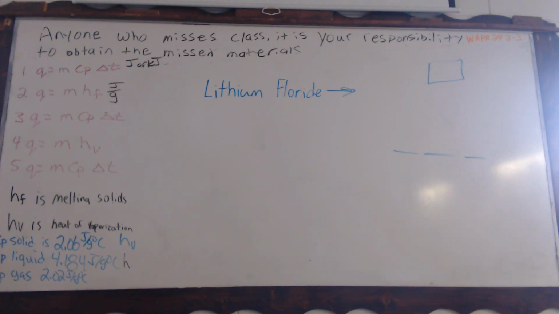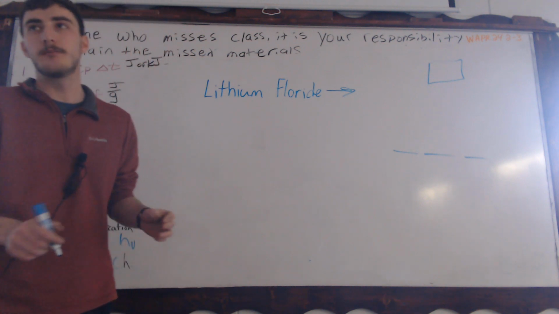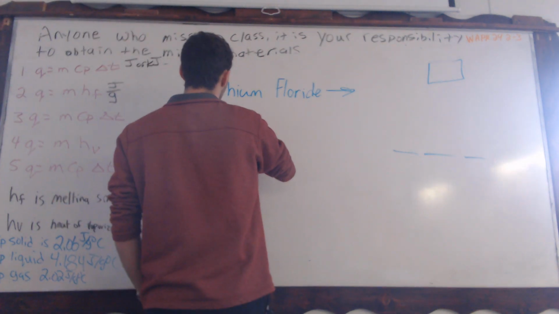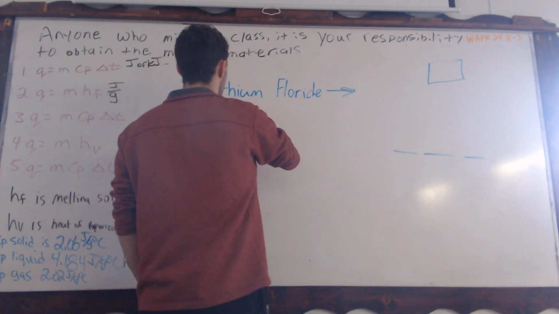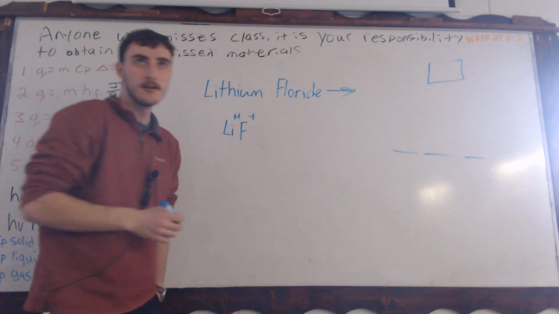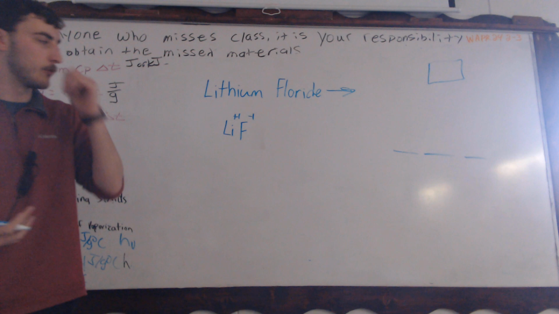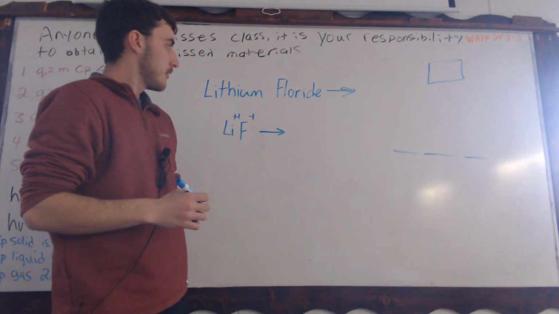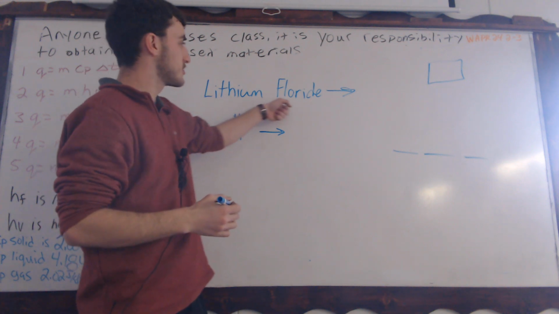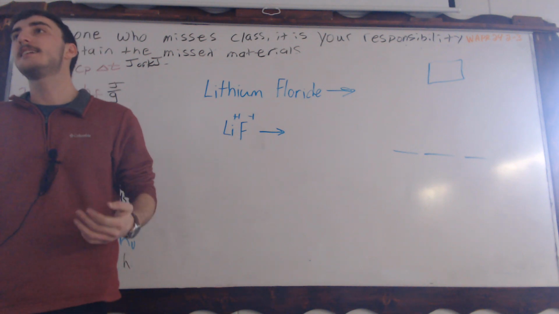We ready? Okay. So I'm going to rewrite the problem. Lithium fluoride is one compound. So I have lithium and fluorine in this compound. Lithium has a +1 charge, fluorine has a -1. So they equal, and I don't have to put any extra numbers at the bottom. Cool. So when I give you something like this, just one compound, nothing else with it, it's going to be a decomposition every time.